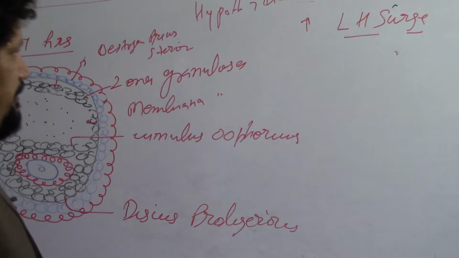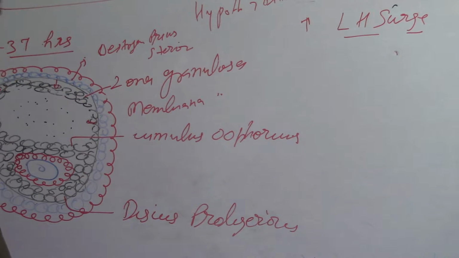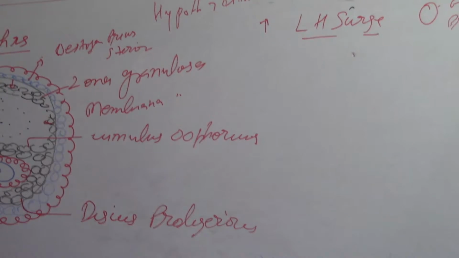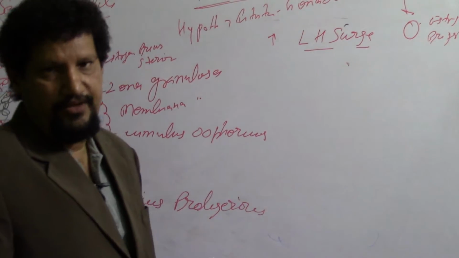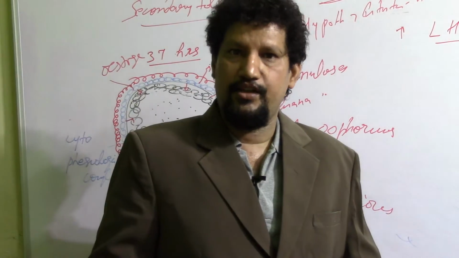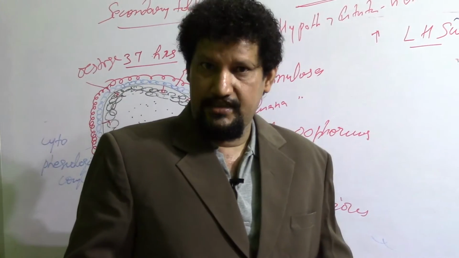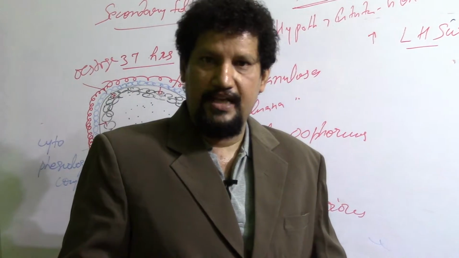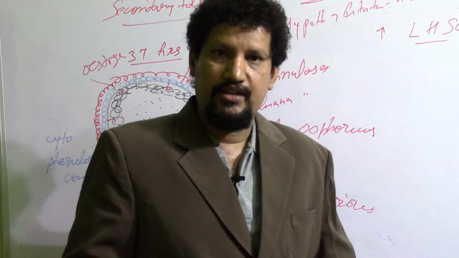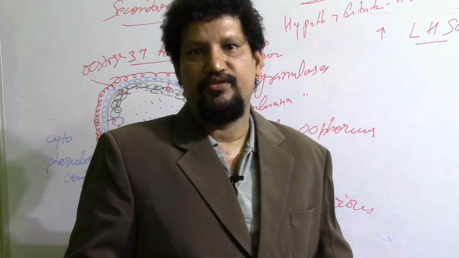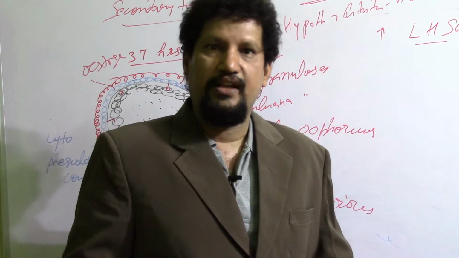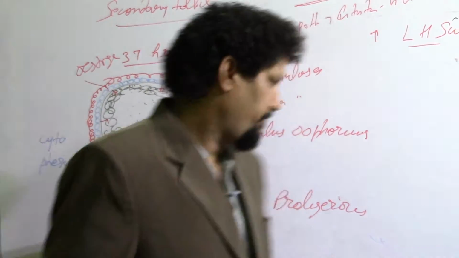This LH will induce the primary oocyte to complete its first meiotic division. After first meiotic division, one secondary oocyte and one other cell, which is lacking in cytoplasm but having the half number of chromosomes and half amount of DNA, is formed, which is known as first polar body.